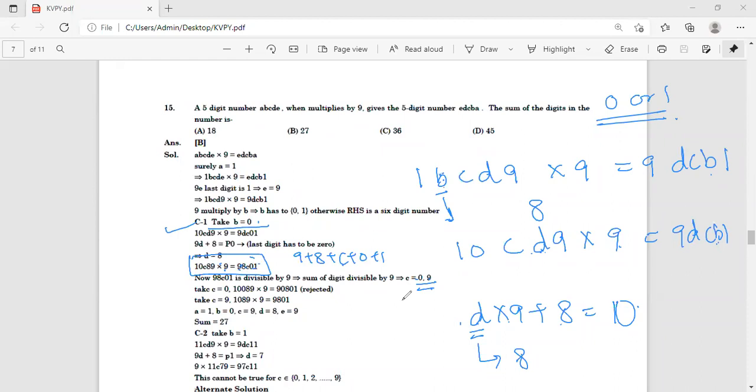Now you can try, take C as 0: if you multiply, you will not get the reverse. But if you take C as 9, you will get this. So you got the number. Answer is 27.